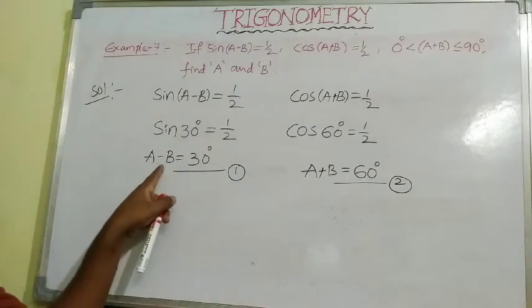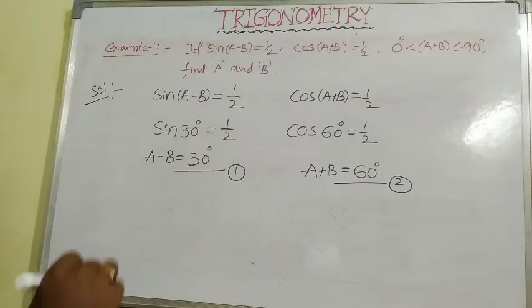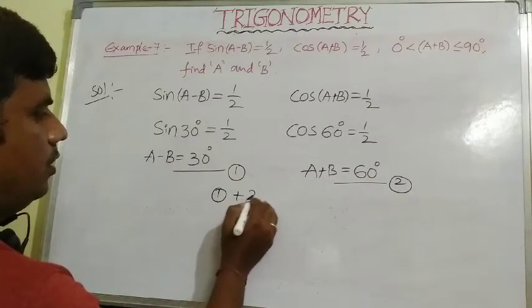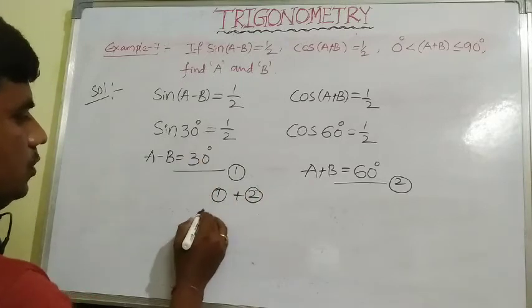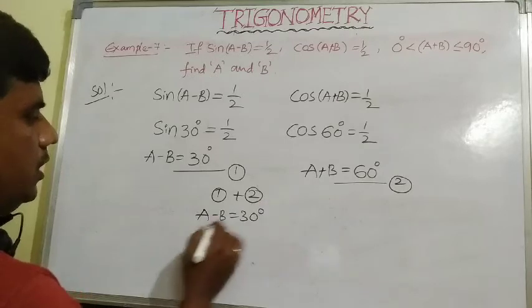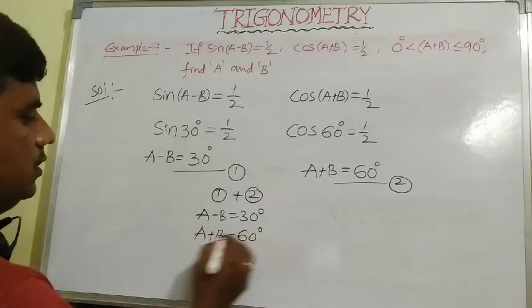Now a minus b is 30 degrees, a plus b is 60 degrees. Now these two equations we are adding, equation 1 plus 2. So a minus b equals 30 degrees, a plus b equals 60 degrees.